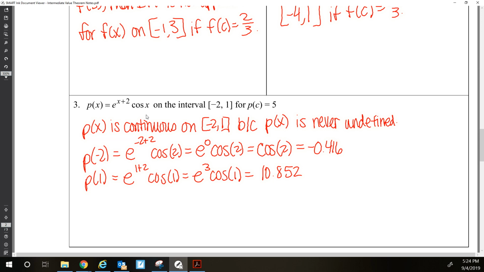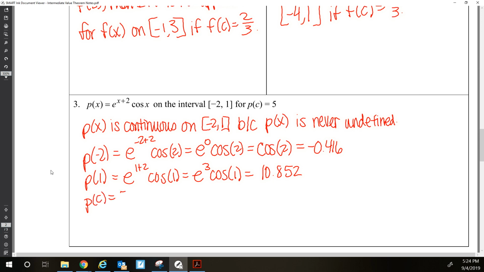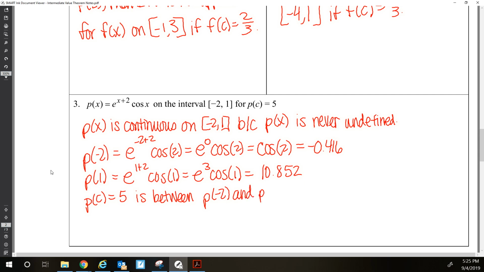Plugged it into a calculator. All right, so we need to ask ourselves, P of C is 5. Is 5 between -0.416 and 10.8? You betcha. So P of C equals 5 is between P of -2 and P of 1.